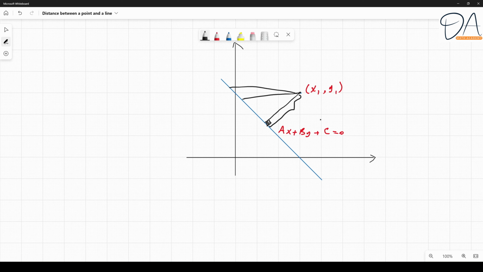Now, how can we compute it? There is a formula that we can use to get the distance. So let's look at the formula to compute this distance.